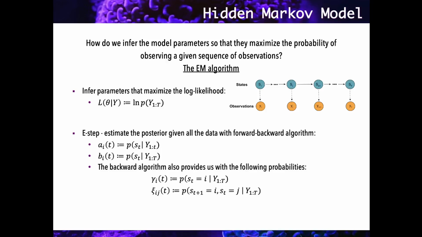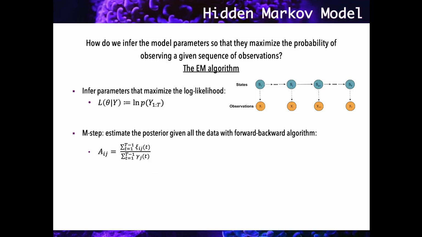After we calculate these forward and backward probabilities, we are also able to calculate these probabilities that you can see here below, which are called the single and pairwise marginal probabilities. These probabilities give us the probability of being in a certain state given all the data, and the pairwise probability of being in a certain state I at the following time point after coming from a state J, given all our data. And why are these single and pairwise marginal probabilities important?